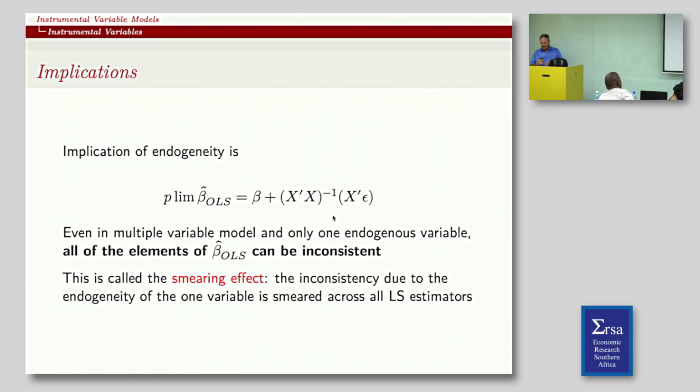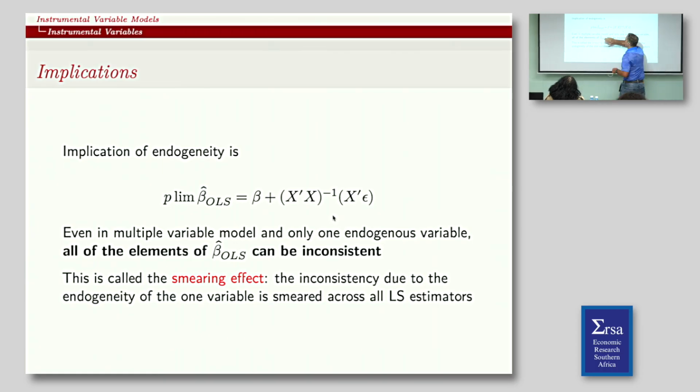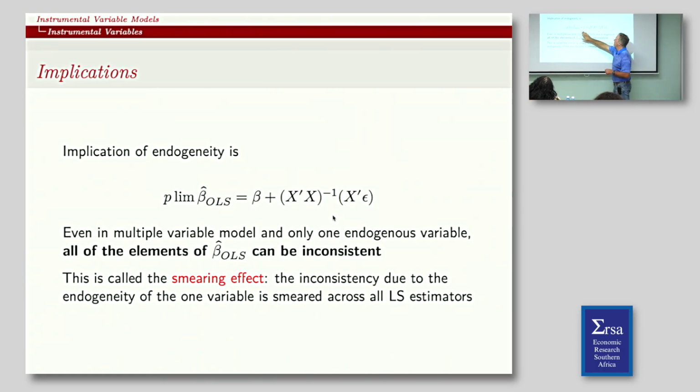Okay, and so the implication of that, again, we mentioned this morning, the implication of having endogeneity is that my actual estimate is equal to what it should be plus something else. And that plus could be negative, of course, right? So it could be minus something else.